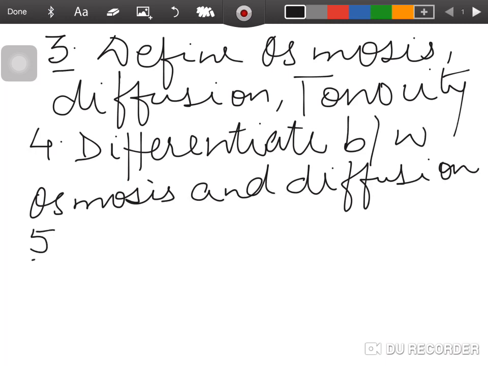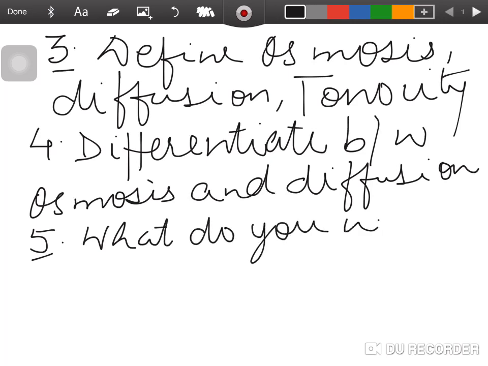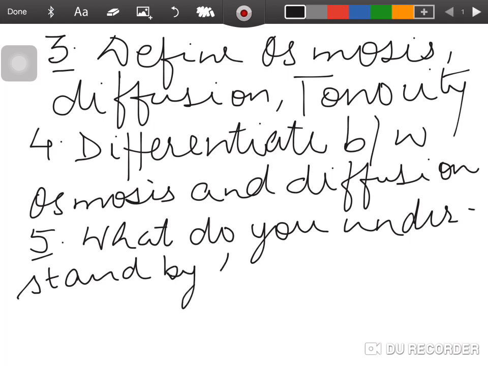Fifth question is: what do you understand by exosmosis and endosmosis?